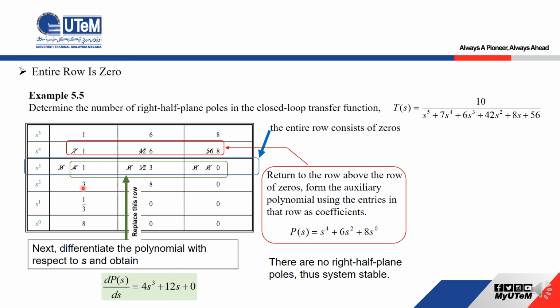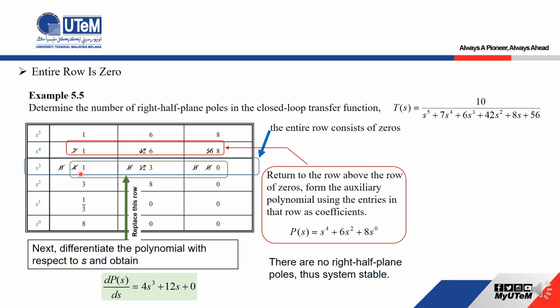So 4, we put here 4. 12, we put here 12. And 0, we put here 0. Same as this row, because we can divide all of this by 4, we divide all by 4. So this one becomes 1 and this one becomes 3. And this one, when we divide by 4, is also 0.